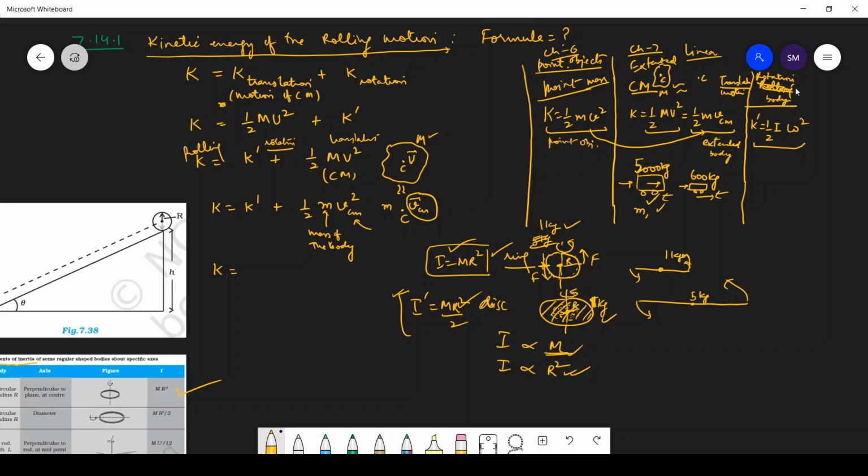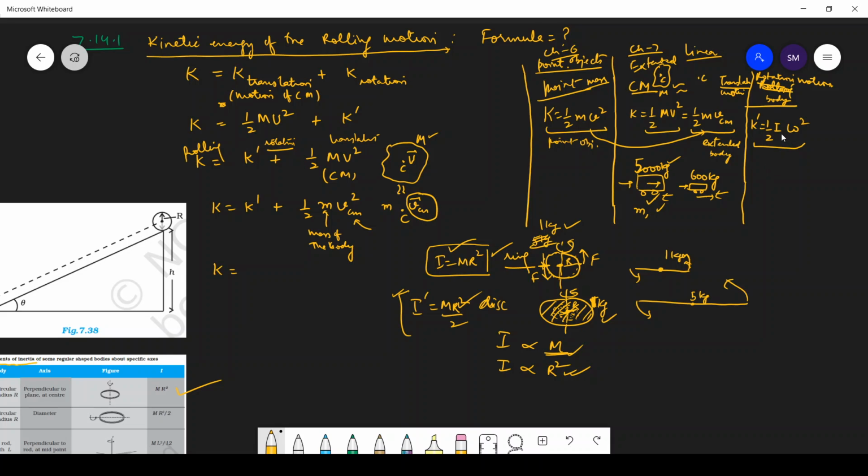Now for the rotational motion we have this formula. So m is replaced with I. The same role that mass plays in linear motion, moment of inertia plays here. But the difference is that for mass, there's no formula. Mass is just the matter contained in the body.